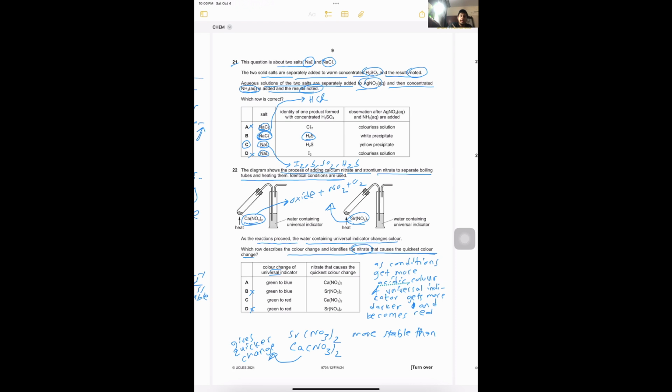So it becomes red, right? So this is something you need to know. The color changes and so the answer should be C.